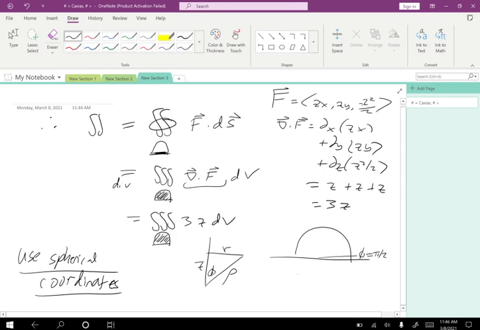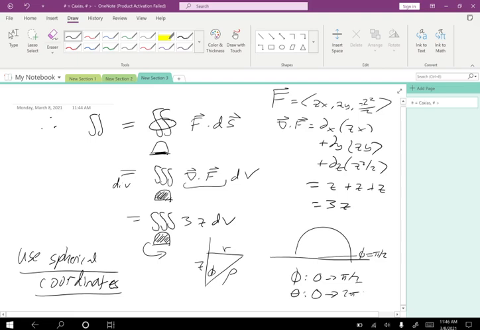That's the maximum range. So phi will range from 0 to pi over 2. Theta, well, it's a sphere, so there's nothing stopping the azimuthal angle theta. That'll just have its maximum range.